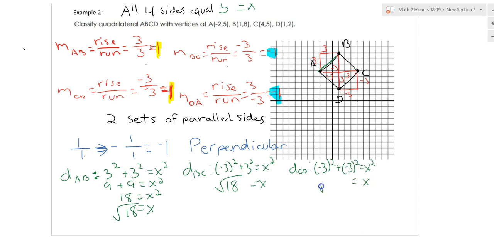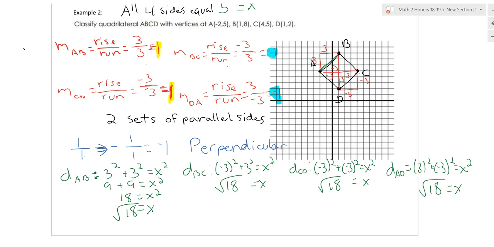Again, same calculation. And then AD, again, same calculation. Okay, so as soon as I see that the sides are all the same length, I know they're all going to be the same.